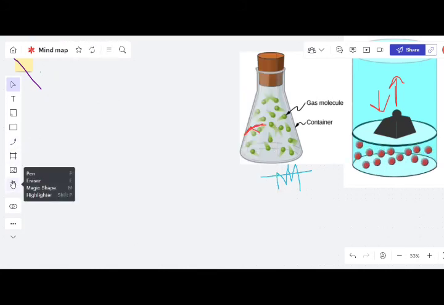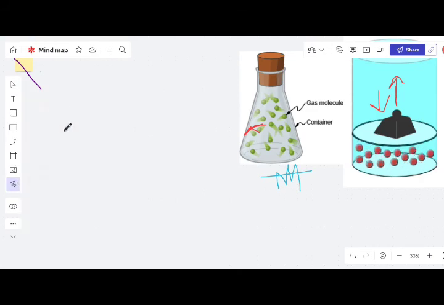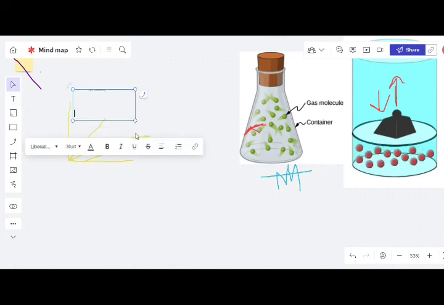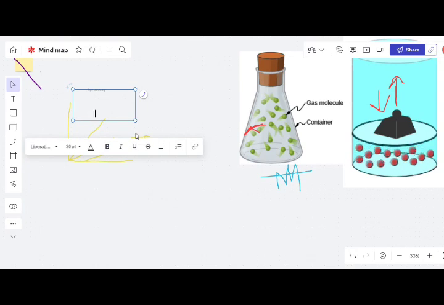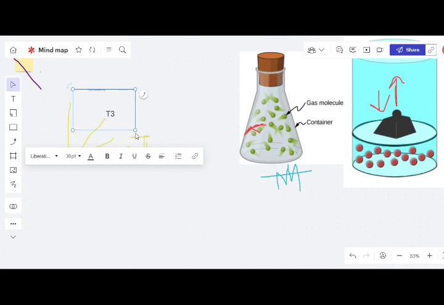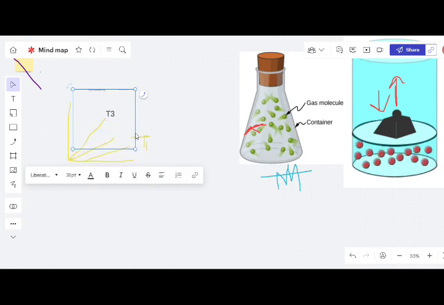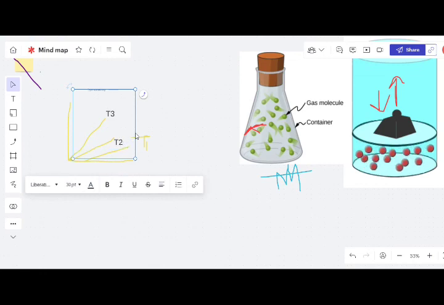For example, this is a graph where we have different temperatures, T1, T2, and T3.